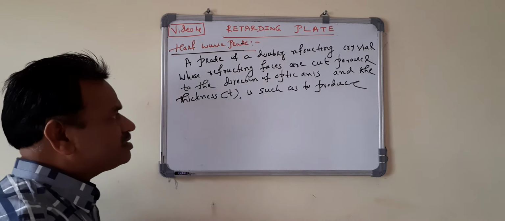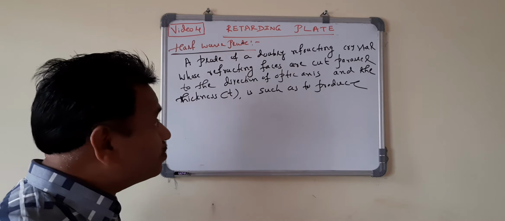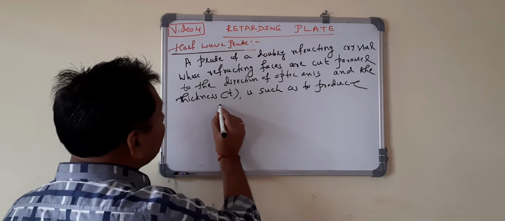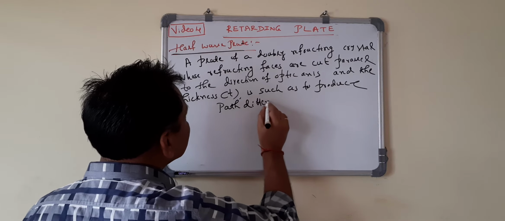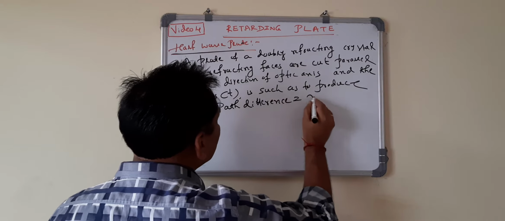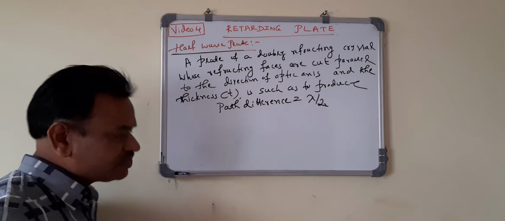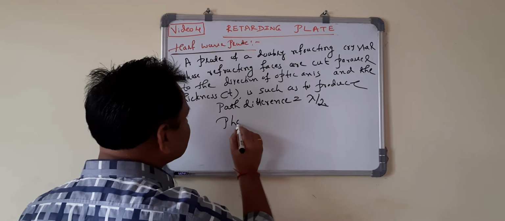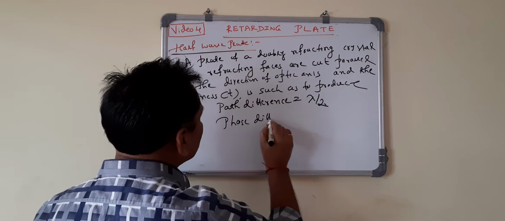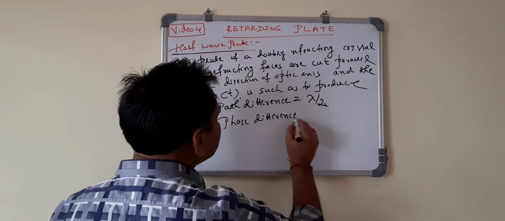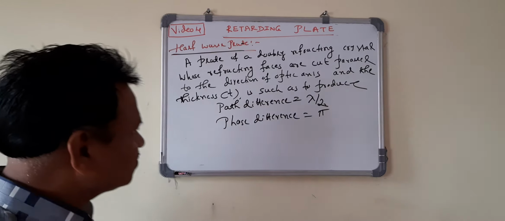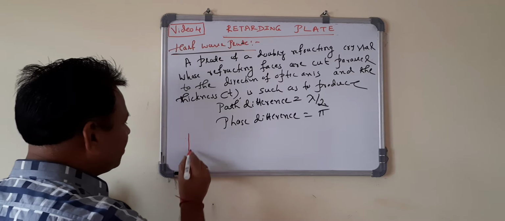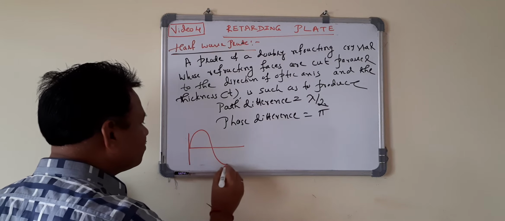And the thickness T is such as to produce a path difference equal to lambda by 2 and phase difference equal to pi. How is it? I tell you now. This is one complete wave, students.